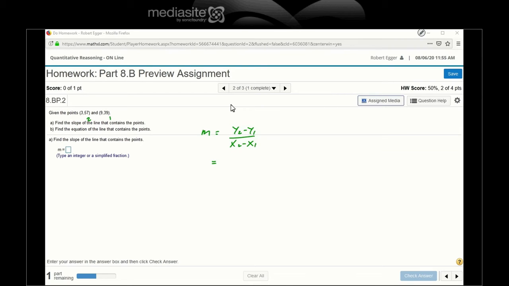So slope would be y2, which is 57, minus y1 over x2 minus x1. So 57 minus 39 over 3 minus 9. Here we go. And of course, 57 minus 39 is 22, and 3 minus 9 is 6.